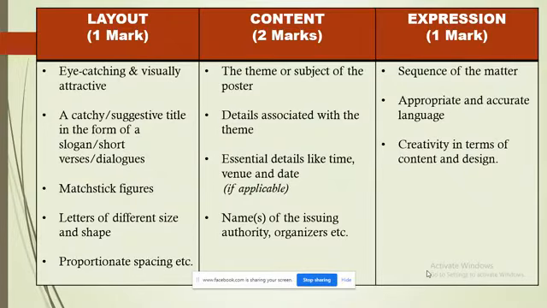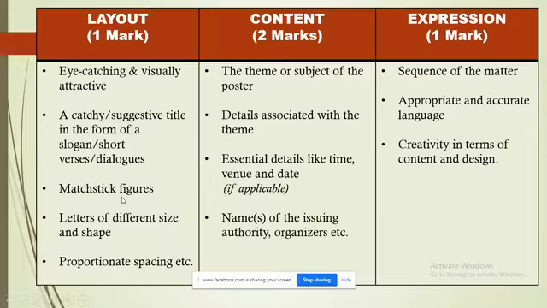Now let us understand it in a better manner. If I say layout is for 1 mark, keep in mind what the layout for a poster is. Dear children, a poster should be eye-catching and visually attractive. A catchy or suggestive title in the form of a slogan, short verses or dialogues must be there.